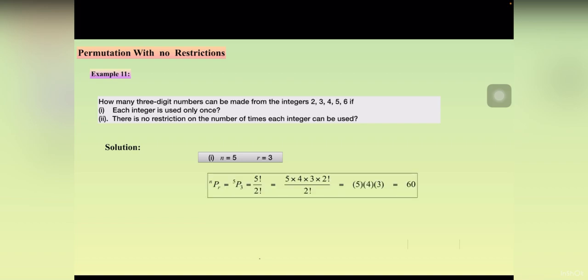So we have nPr of 5P3 equals 5 factorial over 2 factorial equals 5 times 4 times 3 times 2 factorial over 2 factorial, and this can be cancelled, and we have 5 times 4 times 3 equals 60. So there are 60 different arrangements.